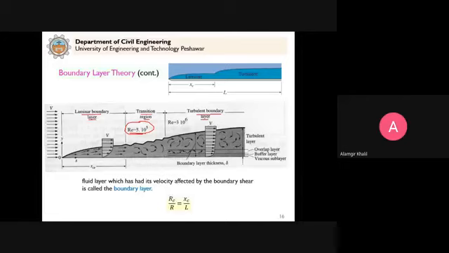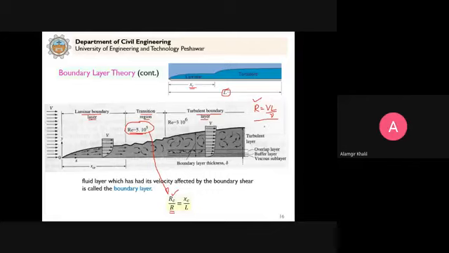Take RC, which is the critical Reynolds number, divided by R, which is the total Reynolds number for the entire length L. Because R is equal to V into L divided by nu. And RC will be at a distance xc.